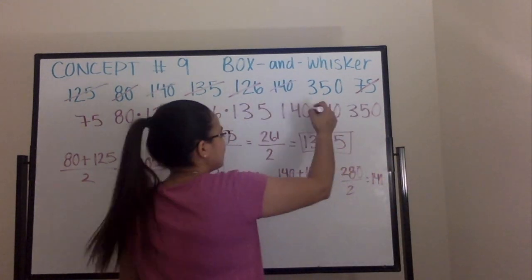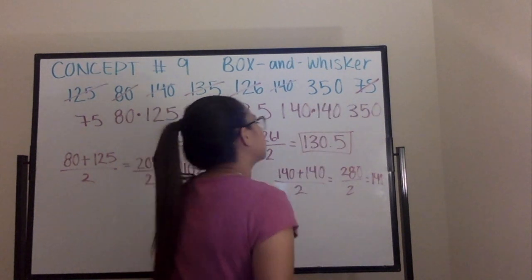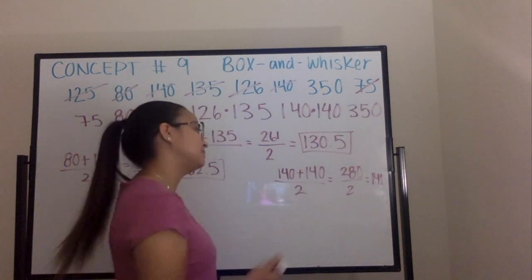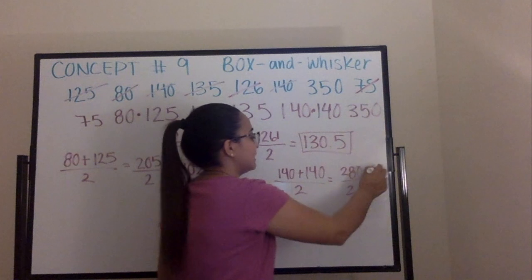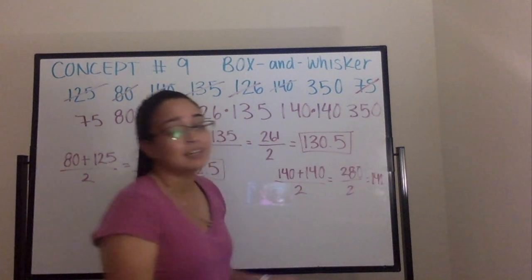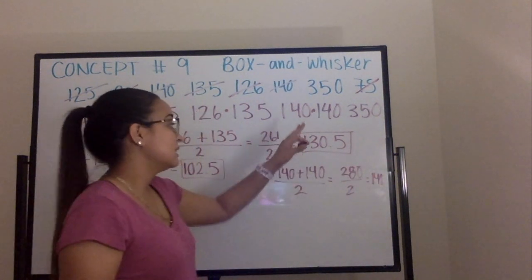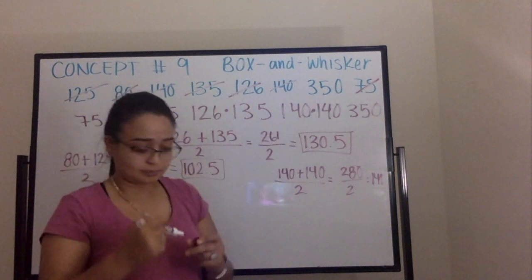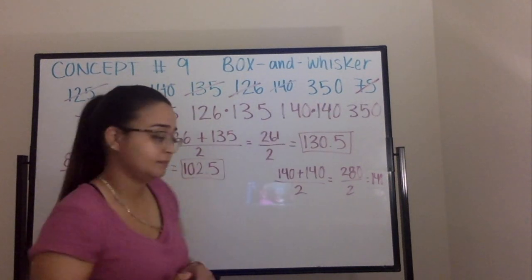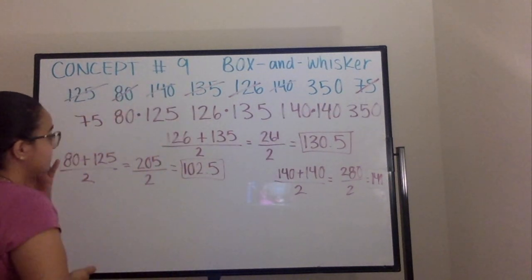So we're still going to put it right in the middle, because even though they are the same number, our median for it is still the same number. We're just going to put it right in the middle of both of them, because that would be our median.